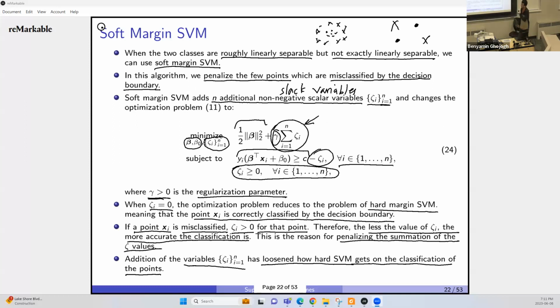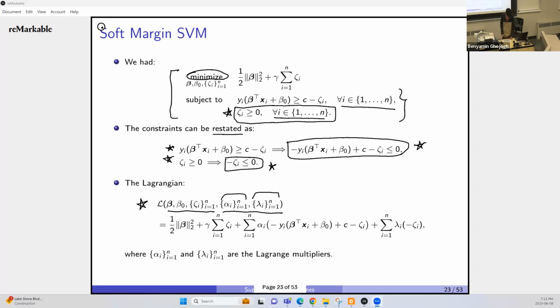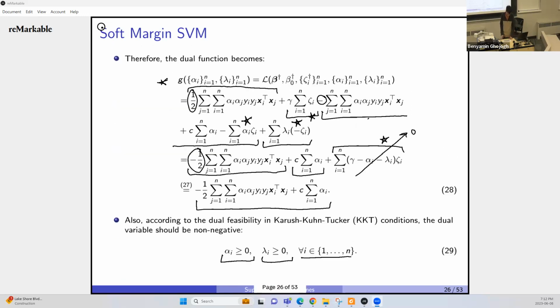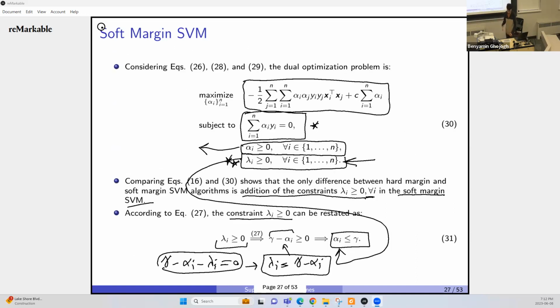As done in equation 24, we introduced several zeta variables, which are additional primal variables, and then we solved them. Again, similar to before, we formed the Lagrangian dual optimization problem, and it's again a quadratic programming problem.